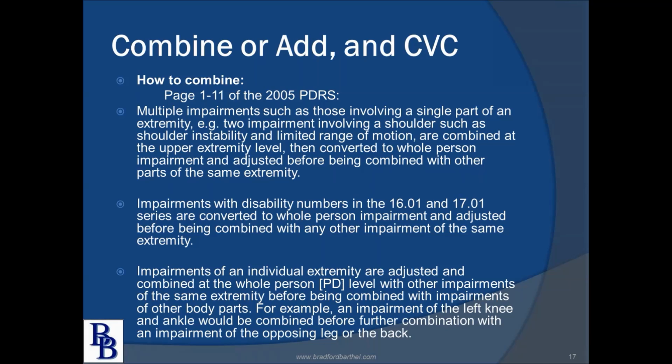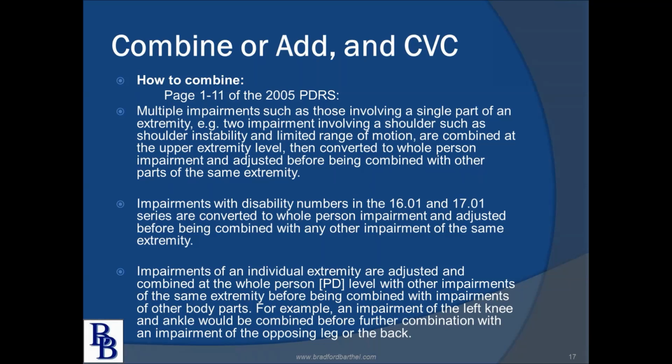Impairments with disability numbers in 16.01 and 17.01 are converted and adjusted before being combined with any other impairment of the same extremity. So 16.01 is arm, 17.01 is leg, and then there are different impairment numbers and different ratings possible for those particular body parts.